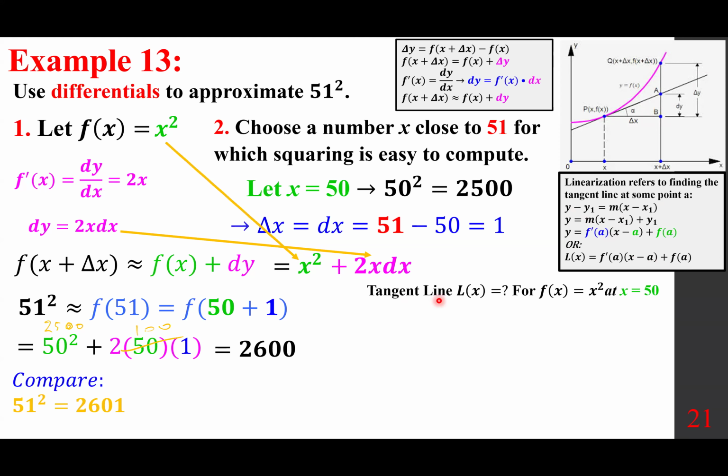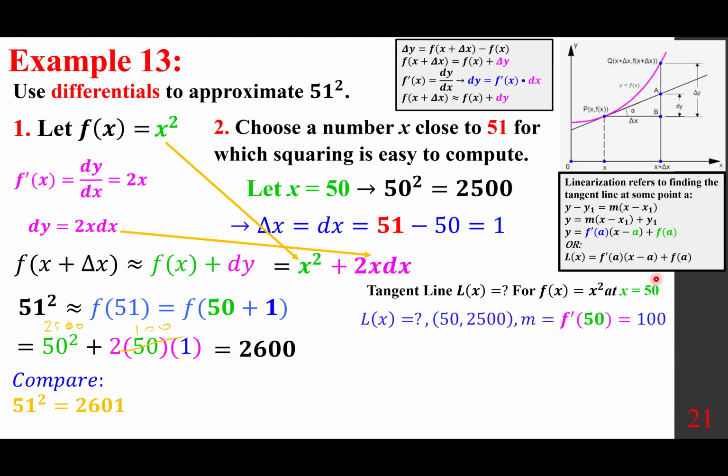We are looking to find the tangent line, we call it L of x, for f of x equals x squared at x equals 50, the number we chose. Therefore, if I plug in 50 here, obviously, I get 2,500. So the pair is 50, 2,500. What about the slope? The slope, I have to put this into f prime, 2 times x, 100.